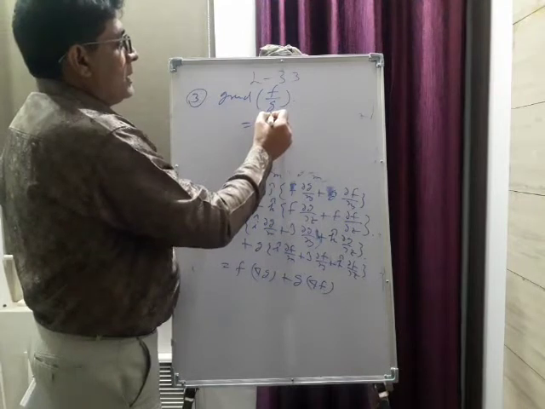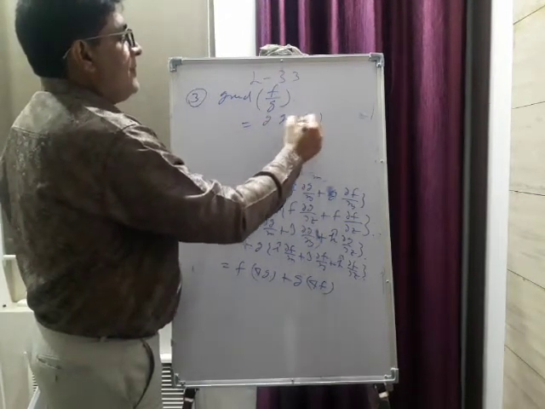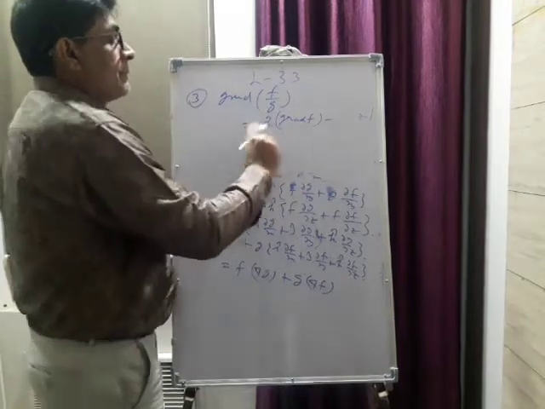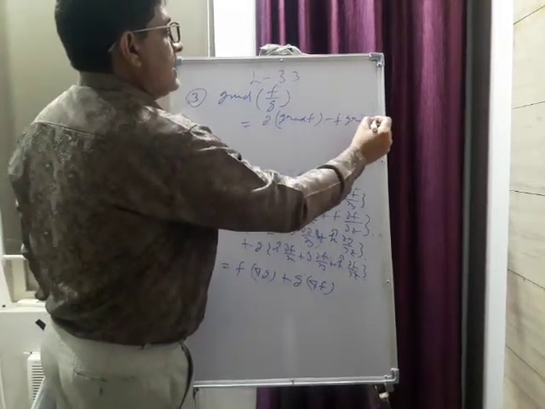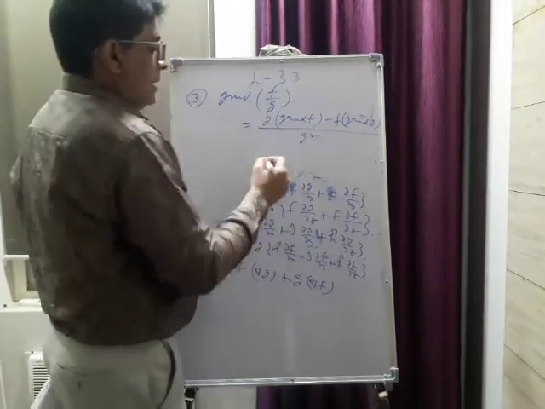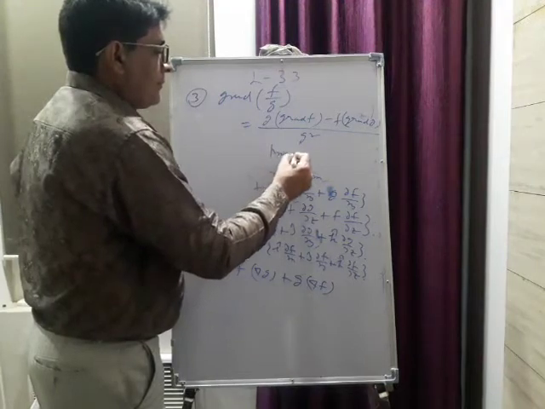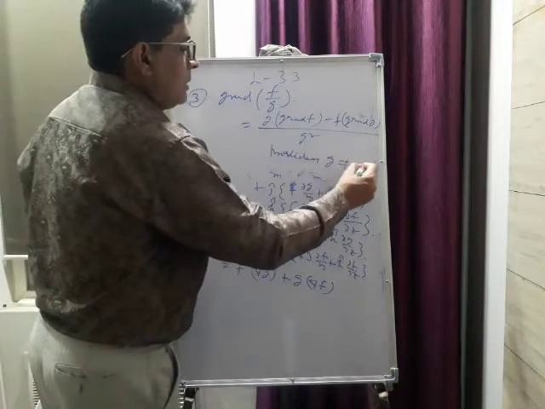So g gradient f minus f gradient g upon g square, provided g is not equal to 0.